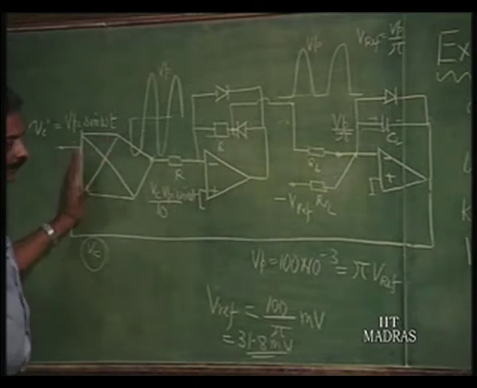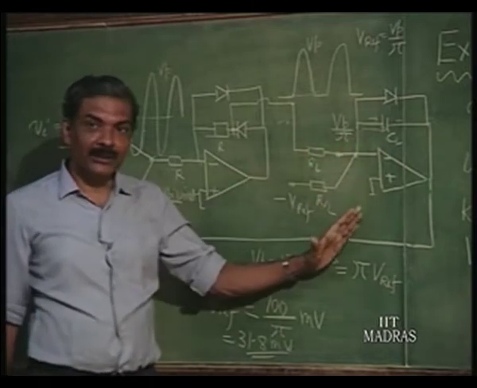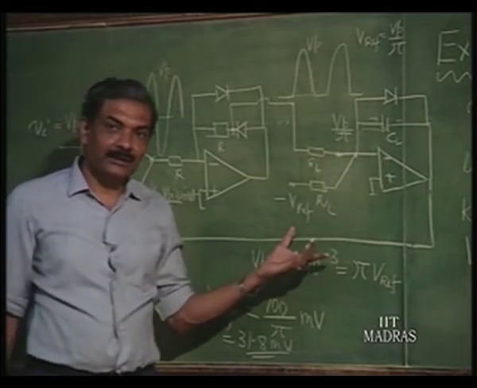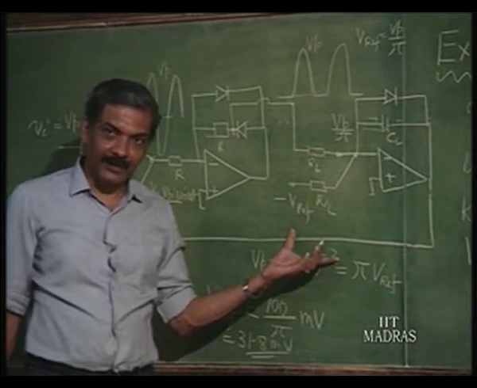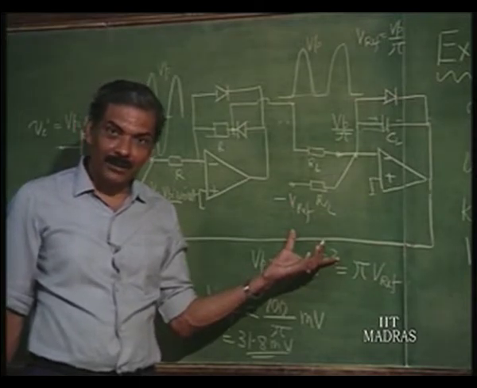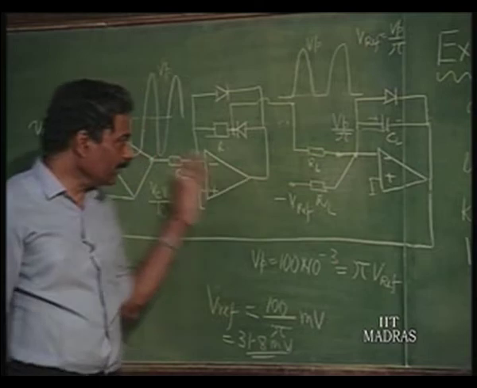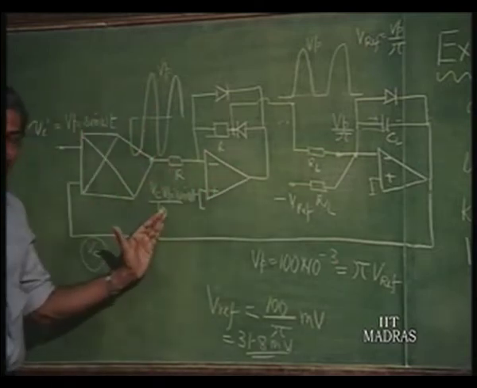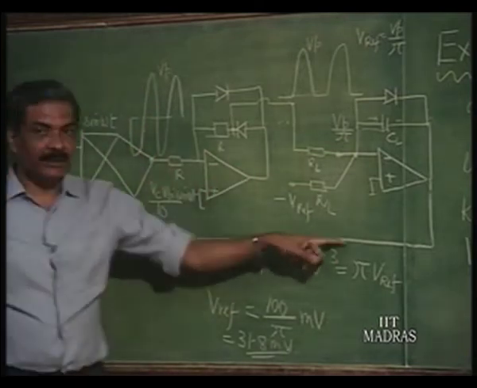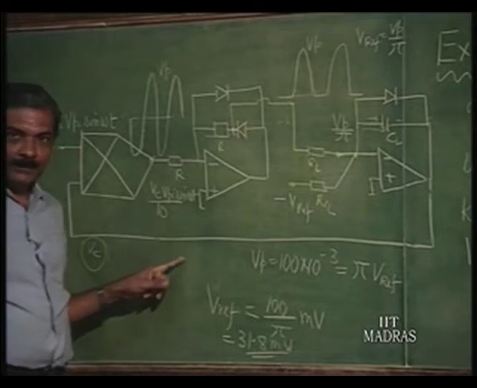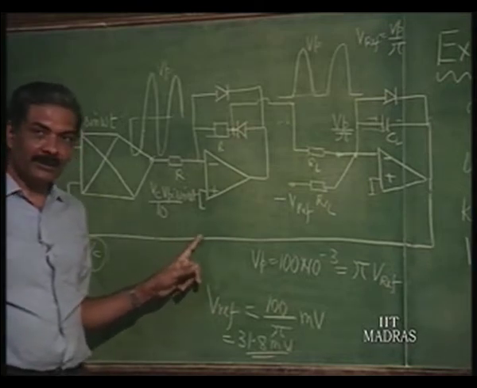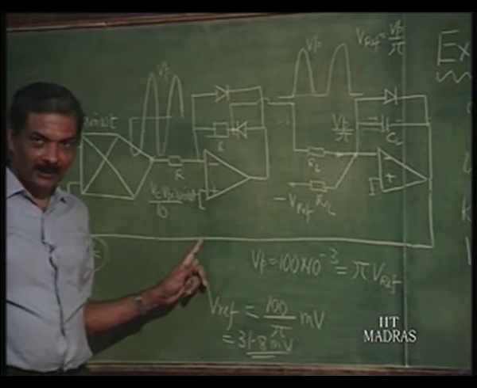So, for every control circuit there is what is called a starting point to be verified, whether it is starting properly or not. When the control circuit is not functioning, there should be a proper starting voltage applied here. In that situation the proper starting voltage for this circuit is plus 10 volts.